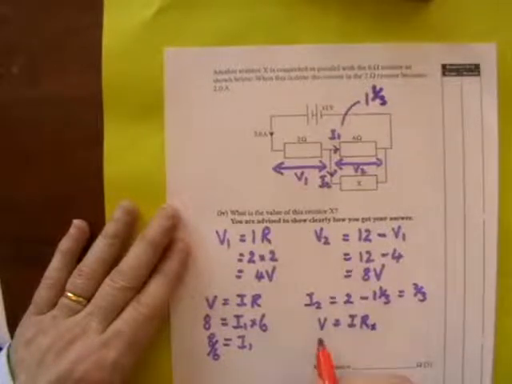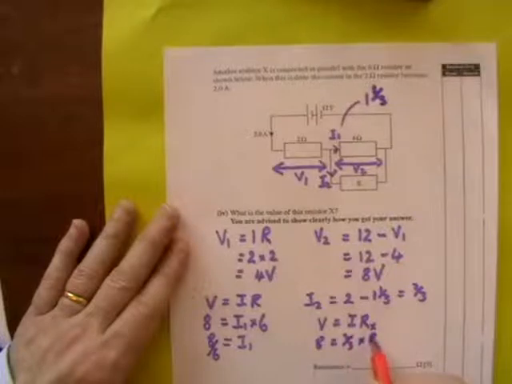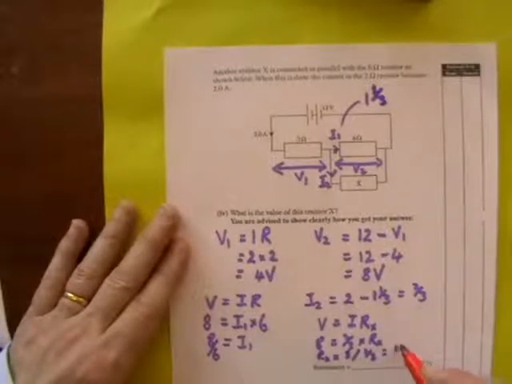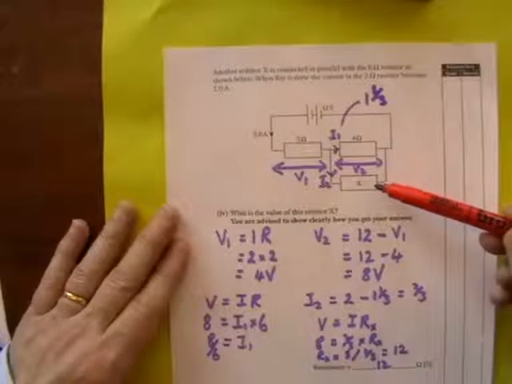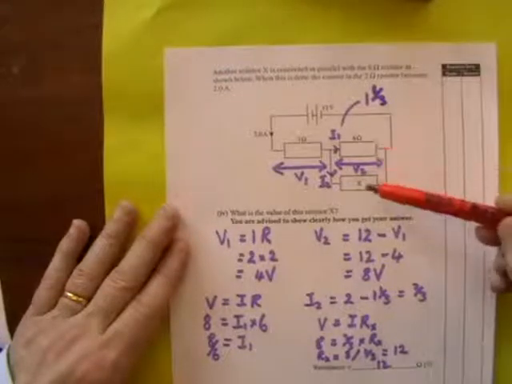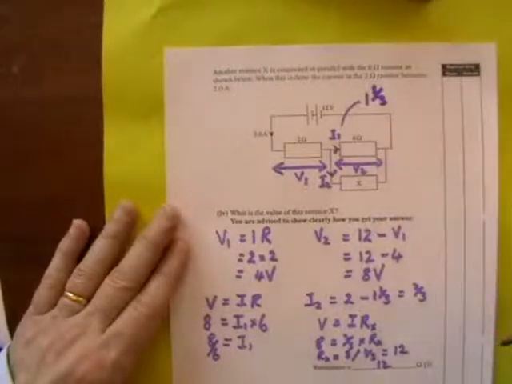So 8 is equal to 2/3 times that resistance of X, which means the resistance of X is equal to 8 divided by 2/3, which is equal to 12, which gives us 12 ohms. So this is a 12 ohm resistor in this parallel network, along with that 6 ohm resistor.